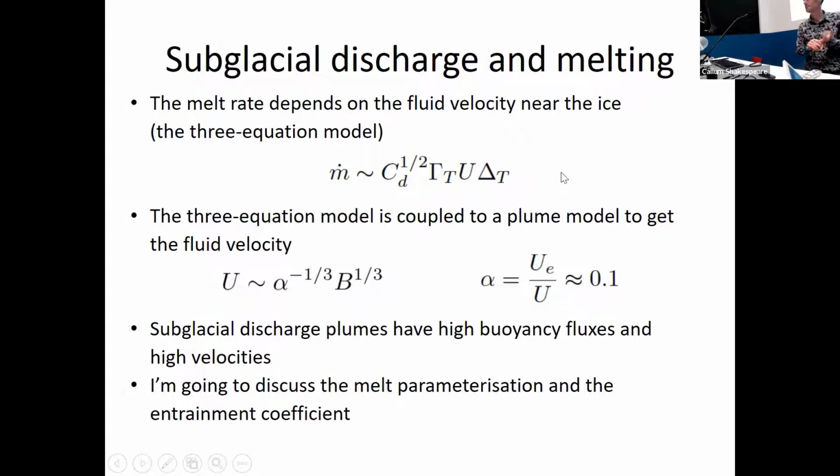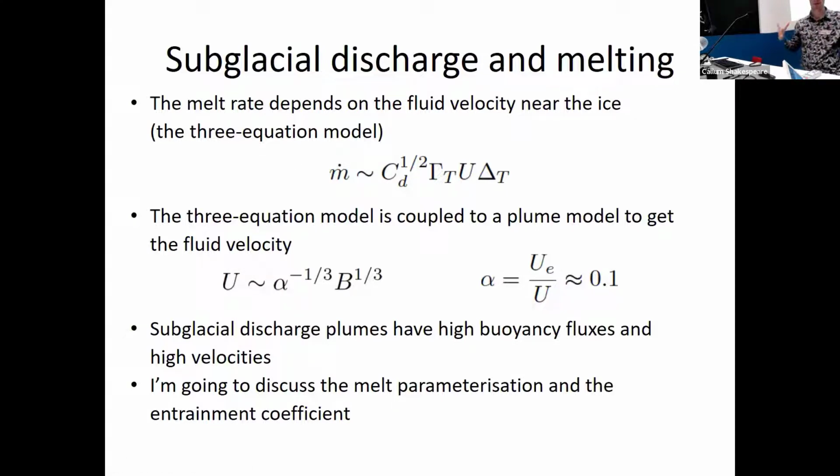And again, Maddie did a great job of describing this as how efficient the flow is at transferring heat, in this case, all the way to the ice face. That idea of efficiency is going to be really important. And we'll have a similar equation for salinity, and then another equation that links the two based on the properties of ice. So this is going to be our first equation that we're going to look at.